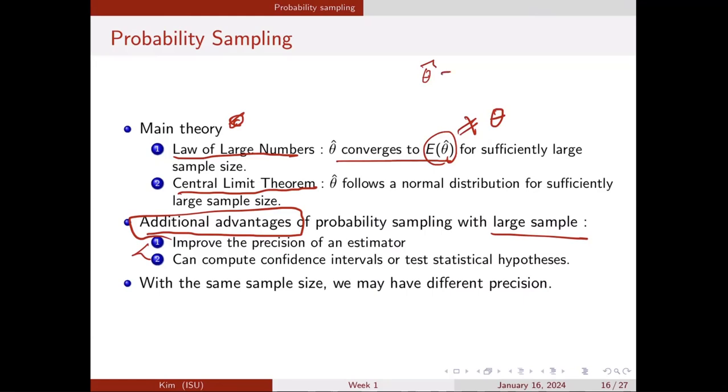So this is probably okay for any reasonable sampling, but this is not really interesting. What is interesting is whether this one holds, right?